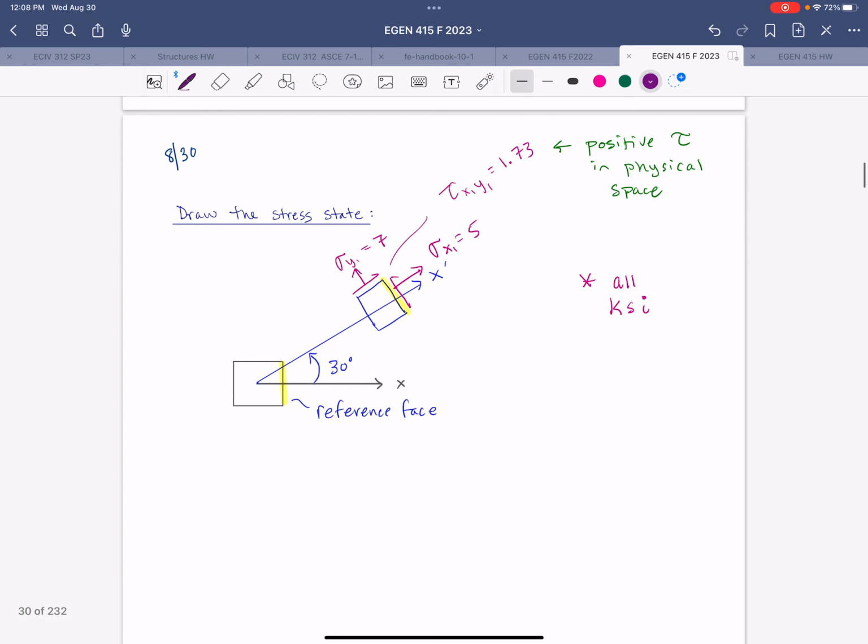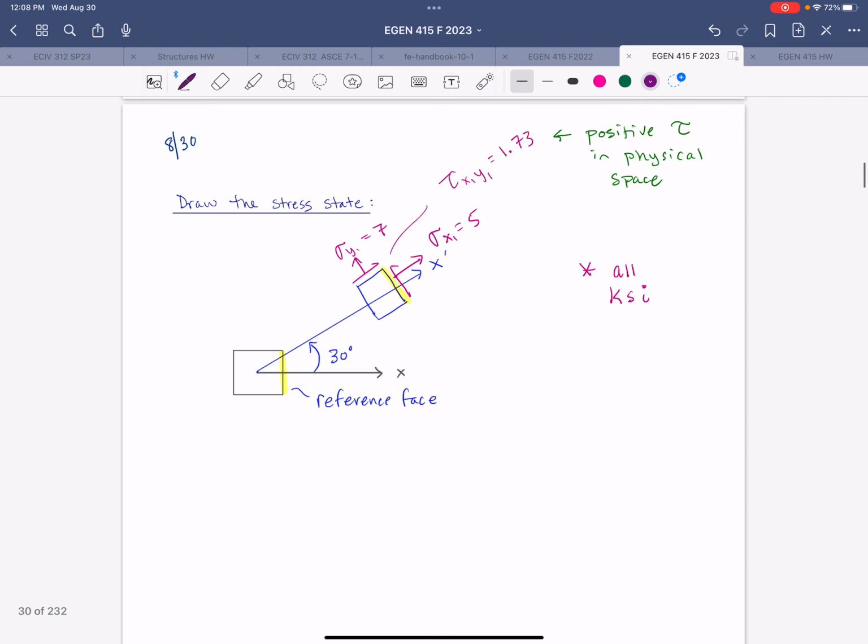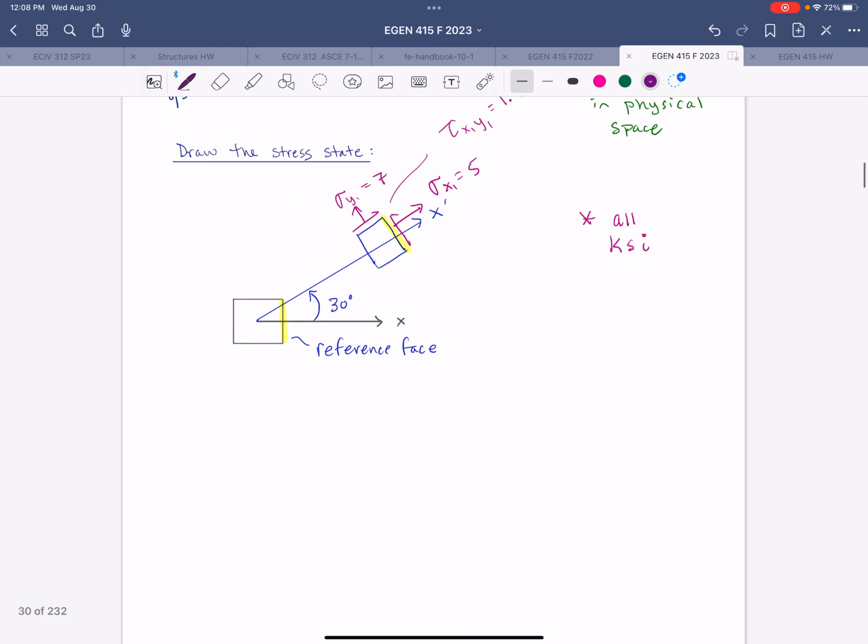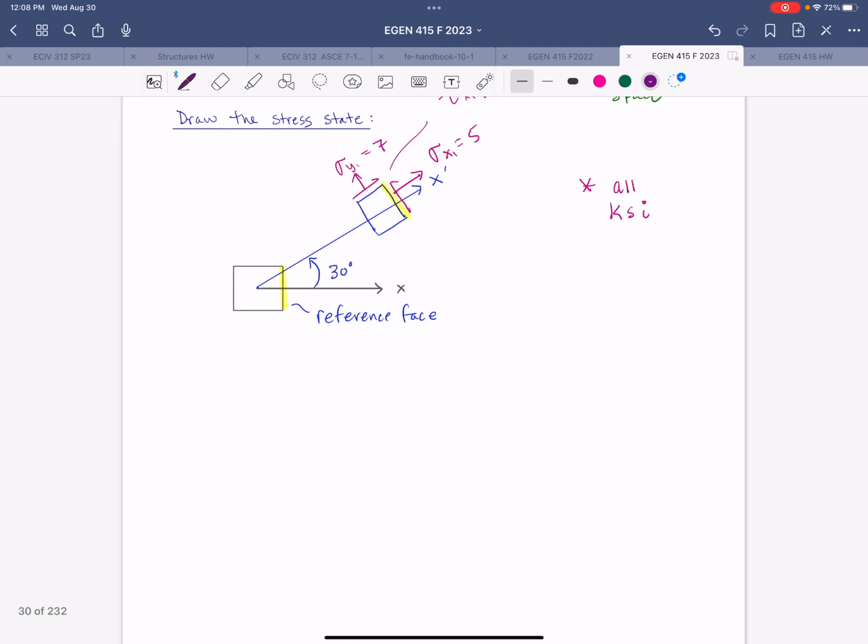And then a slightly less involved and simpler way to sketch all this information would be to just show the rotated stress element. So again, I'm going to re-sketch that here.